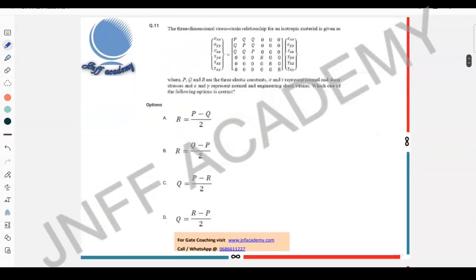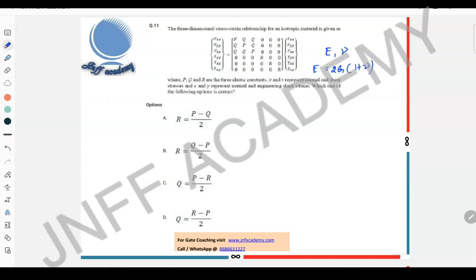The three-dimensional stress strain relationship for an isotropic material is given like this. For isotropic material, the number of independent constants is only 2, Young's modulus and Poisson's ratio. Actually speaking, we need 3 constants, but we can derive one with respect to another like this: E is equal to 2G into 1 plus nu.